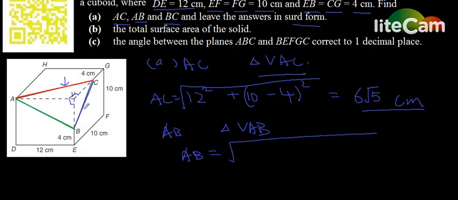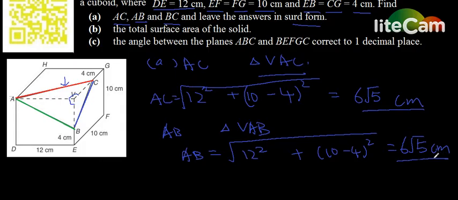For AV, it is 12 cm squared plus the VB, also 10 minus 4 squared. And we also have the answer. It is 6 times square root of 5 cm. This is the length of AB.